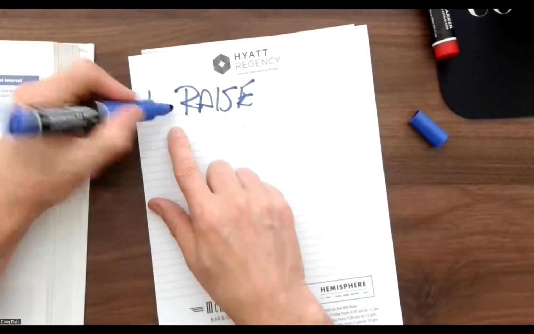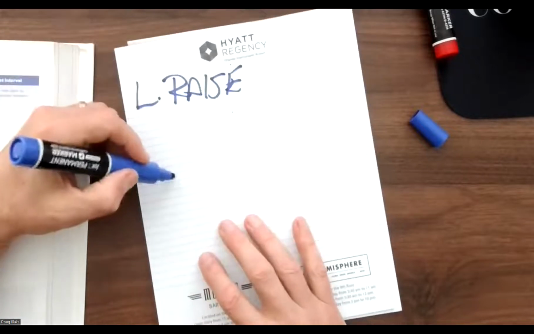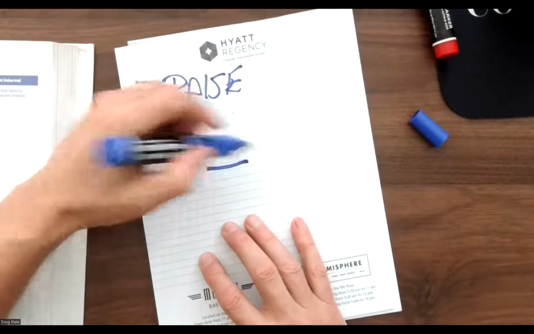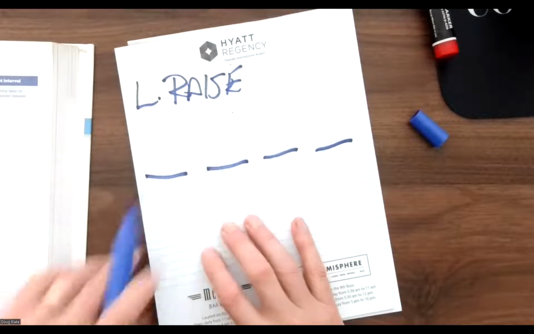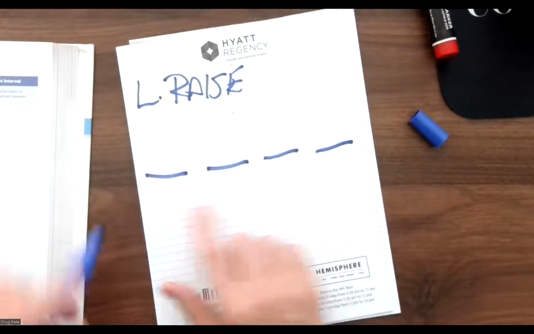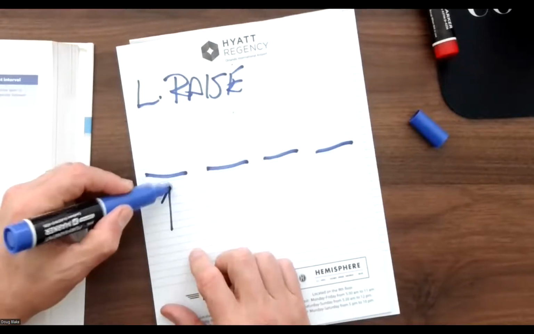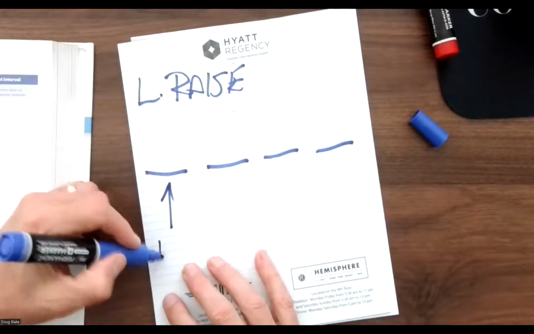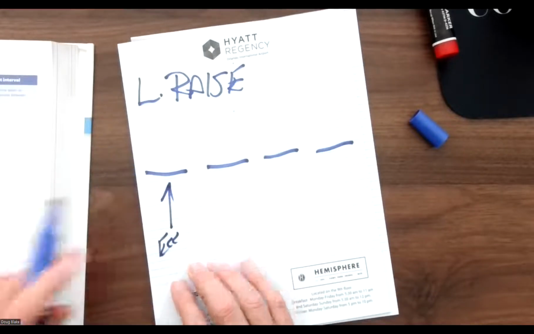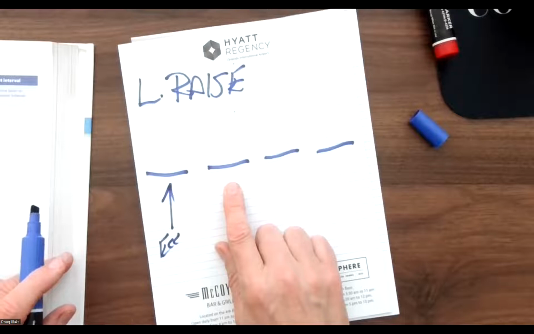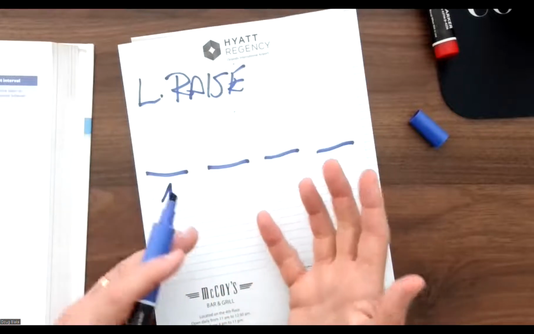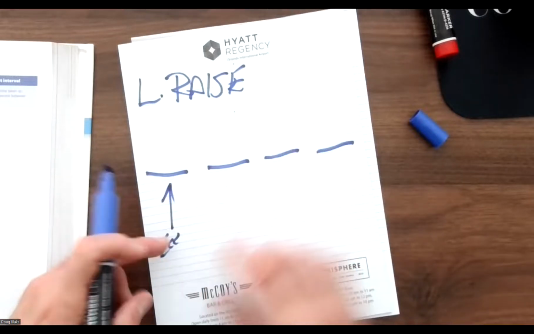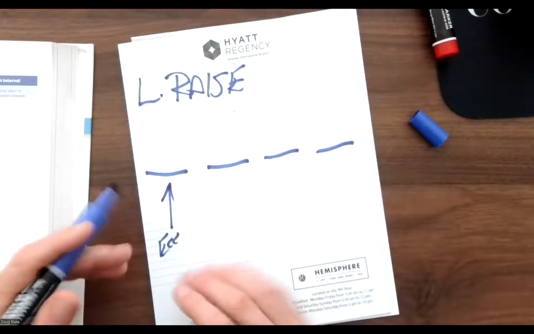So lateral raise, and then you've got your 4 numbers. Okay, 4 numbers. This is always going to be the negative. The first number is the negative or the eccentric, right? Eccentric. And what's this one? Well, there's always an isometric contraction in between the different movement contractions. So eccentric is what?